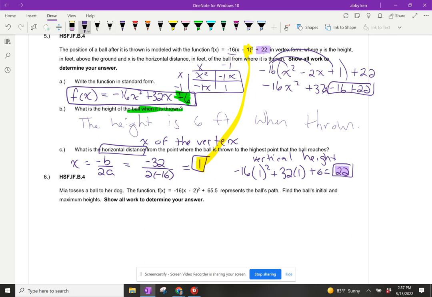So that's one way that you can check it. So the horizontal distance is 1 foot. So once again, it may or may not ask you about the vertical. Just kind of wanted to show you how to do that too.